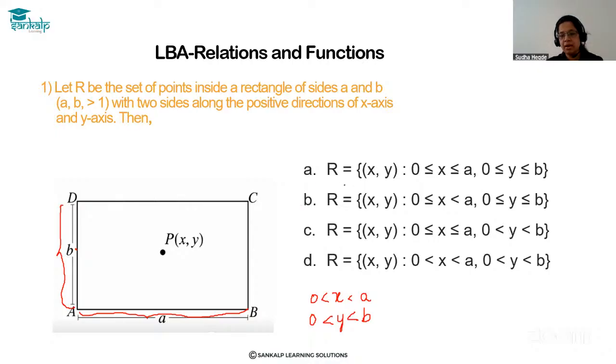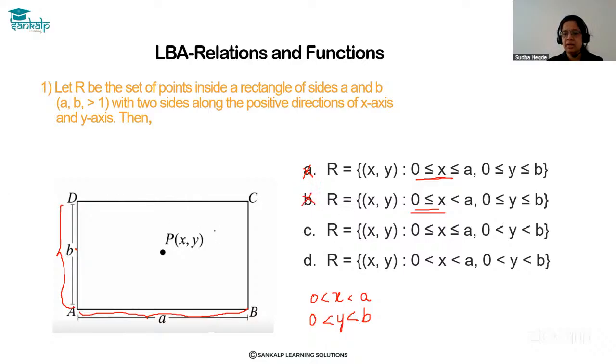Option A: R is equal to (x, y) such that 0 less than or equal to x less than or equal to a, 0 less than or equal to y less than or equal to b. Since x cannot be 0, you can discard this. Same way here also, 0 less than or equal to x. You need not check further. You can directly discard this.